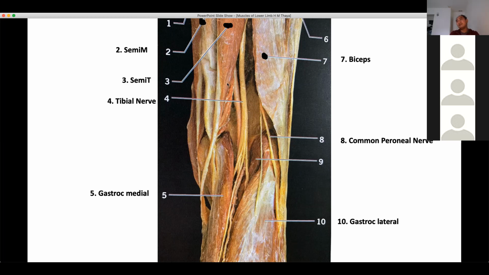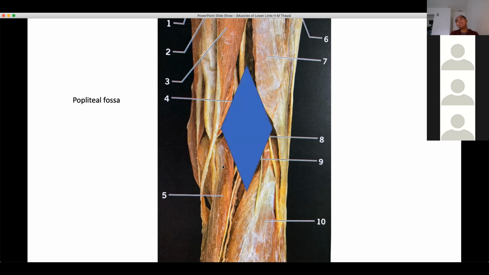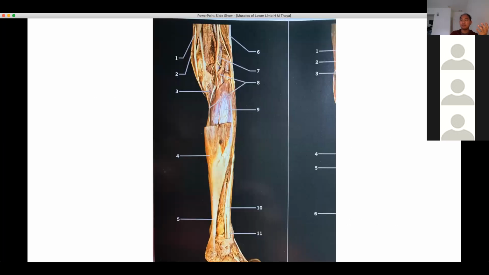Look at that. Semitendinosus, semimembranosus, biceps, gastrocnemius lateral head, gastrocnemius medial head. So this is the popliteal fossa. Popliteal fossa anatomy is important. The higher you go up, the more you will appreciate this popliteal fossa.